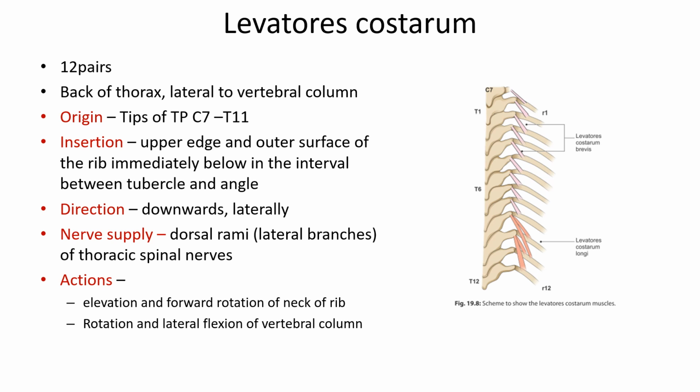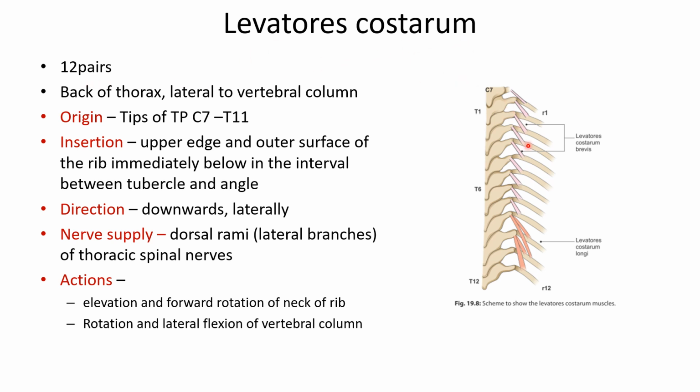Now you have studied the external, internal and innermost intercostal muscles. There are what are known as the Levatores costarum and Serratus posterior group of muscles on the posterior wall of the thorax. And what is this Levatores costarum?